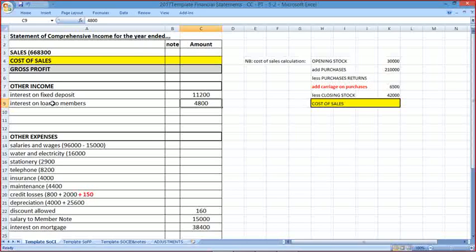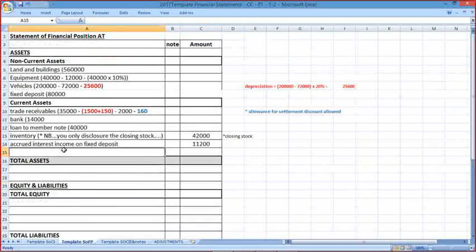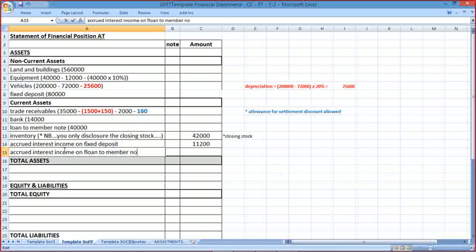Yes, 4,800 was the interest on the loan. And under non-current assets. No, not non-current, under current, because it's short term. Accrued interest income on loan to member note.